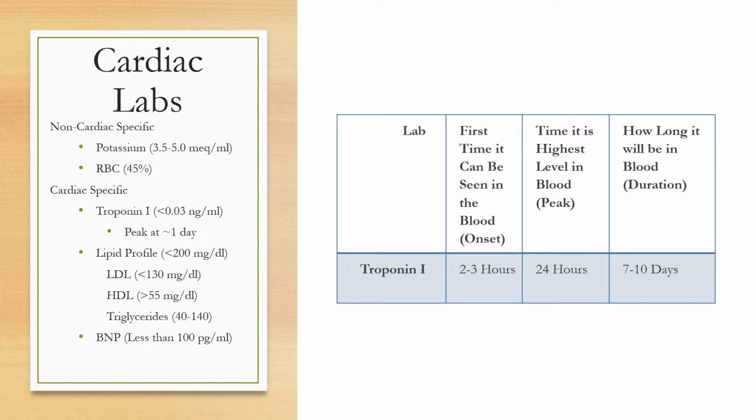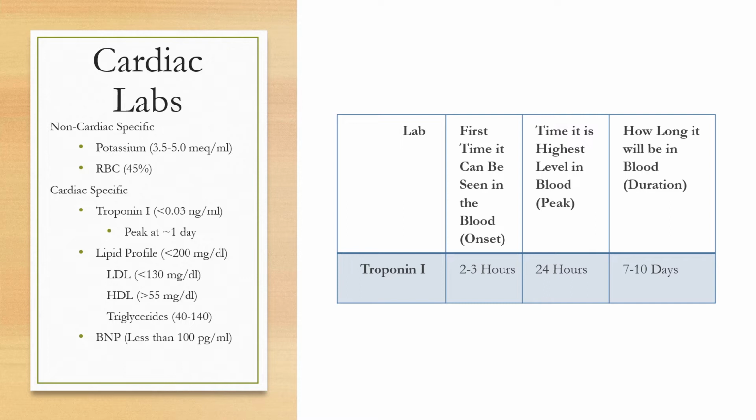Now, I mentioned this before, but cholesterol profile is not specific to the heart. It's just a risk factor for atherosclerosis. So remember your values though. Total cholesterol should be less than 200. LDL cholesterol less than 130. HDL cholesterol typically should be greater than 45 to 55.